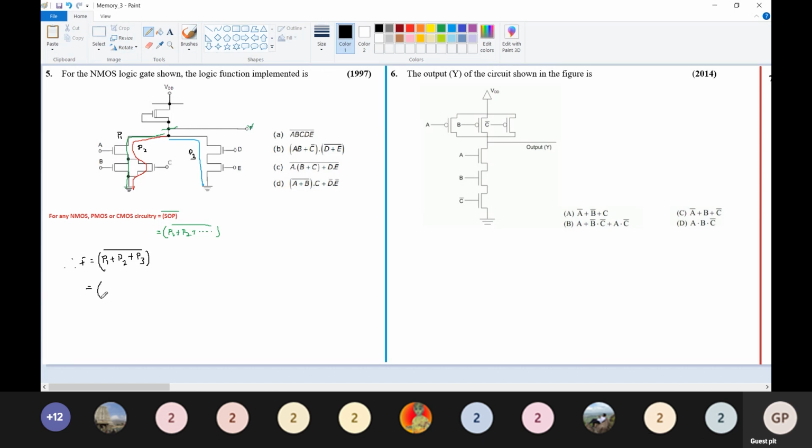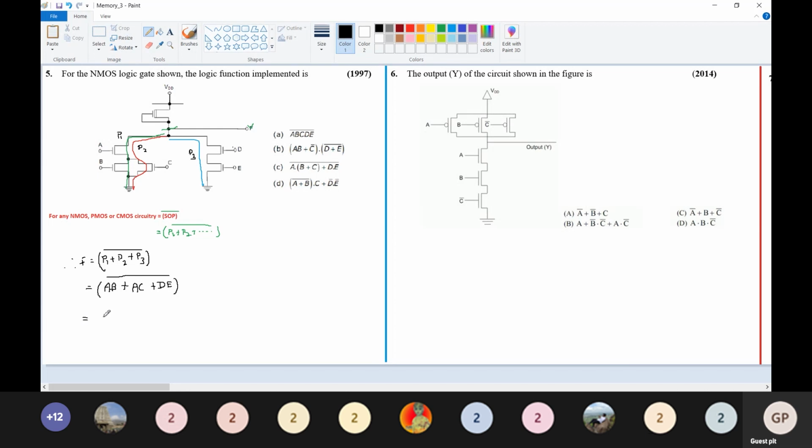A and B. So P1 is A, B. The second parallel path is A and C, plus the third parallel path, which is D and E. All this is an SOP expression, which is complemented.